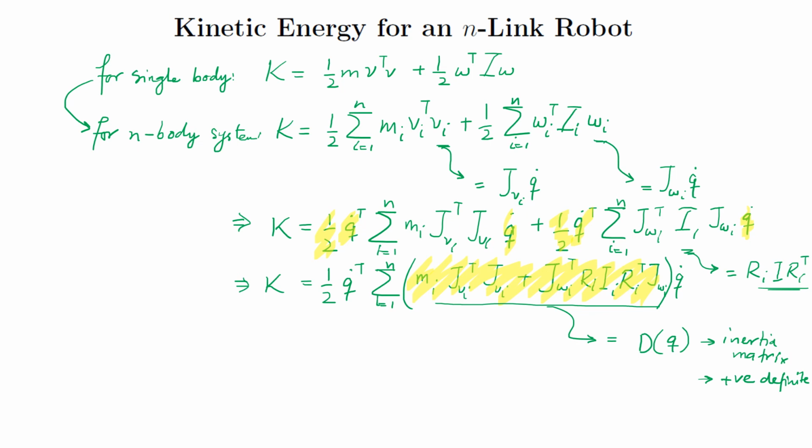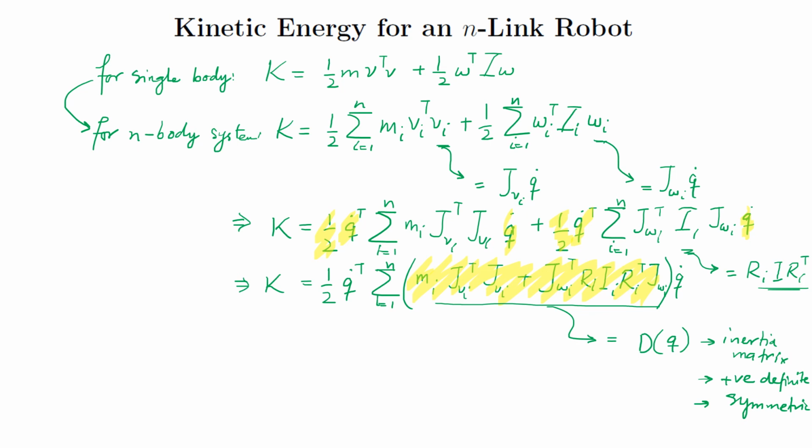So this inertia matrix is a positive definite matrix, and also it is going to be symmetric as well. So that's also one of the properties of the inertia matrix. And once you derive those, you can counter check whether your inertia matrix turns out to be symmetric or not. So that would be kind of a counter check whether you have done things correctly or not.